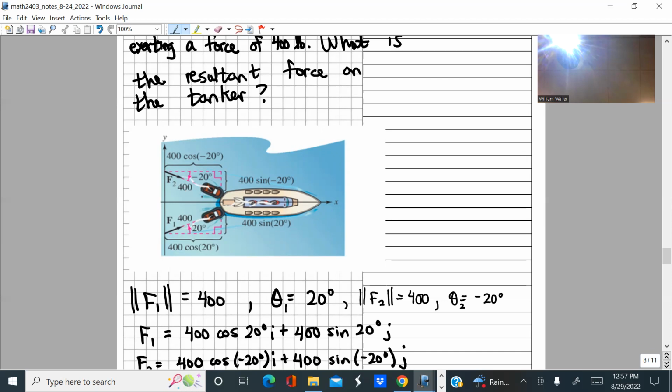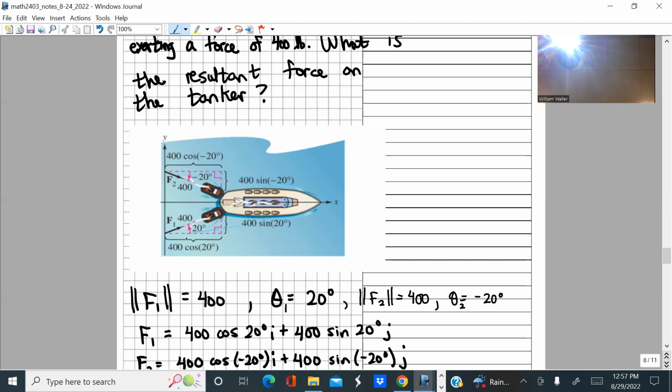The total force being applied to the tanker is not quite 400 plus 400, because of the direction involved in how the force is being applied.